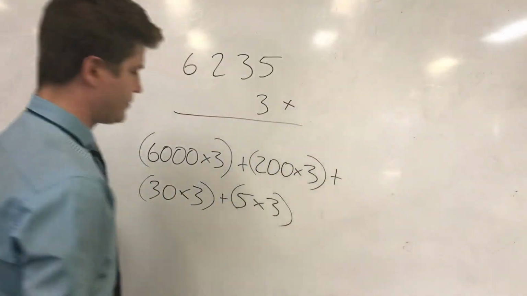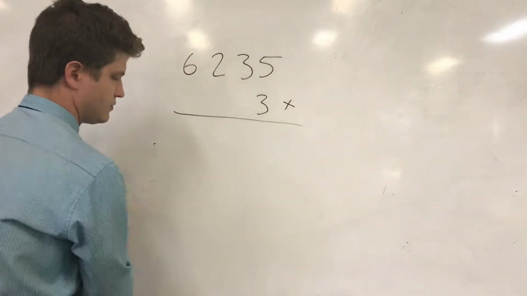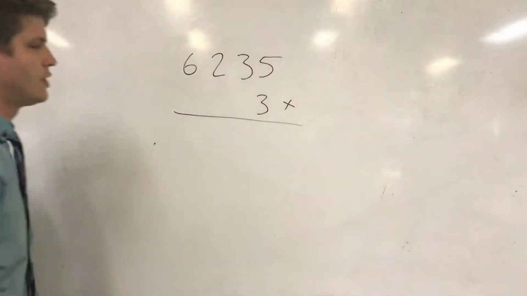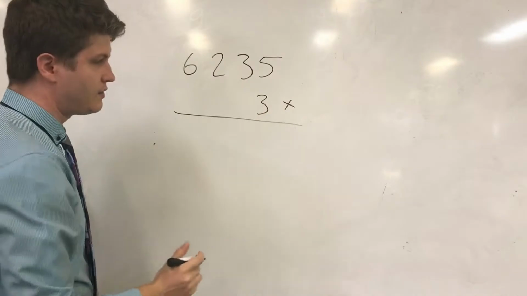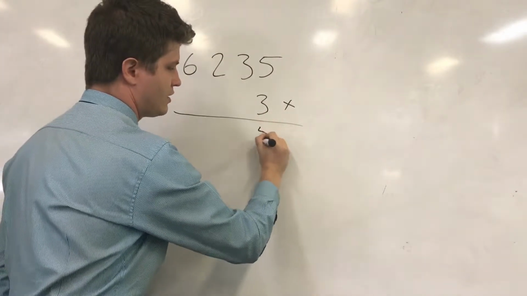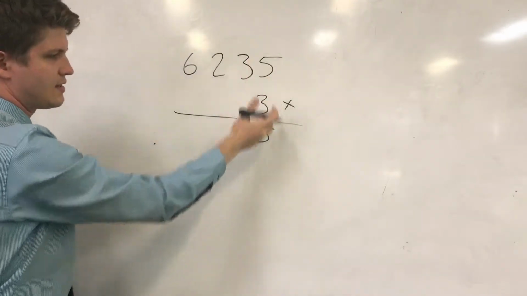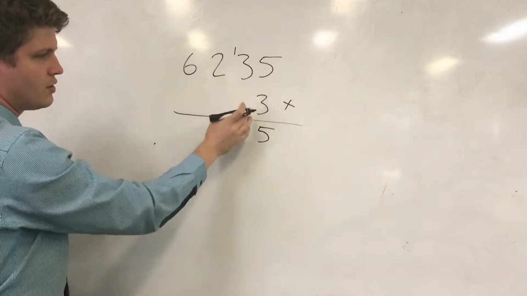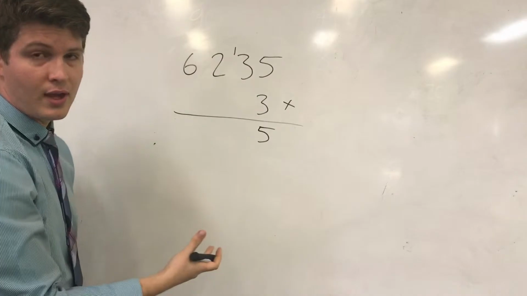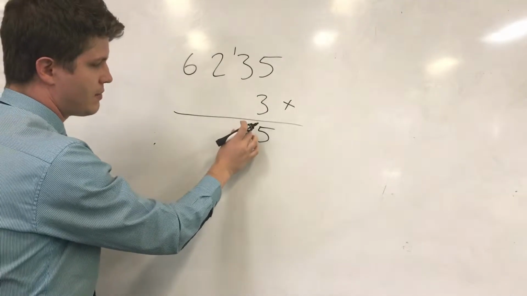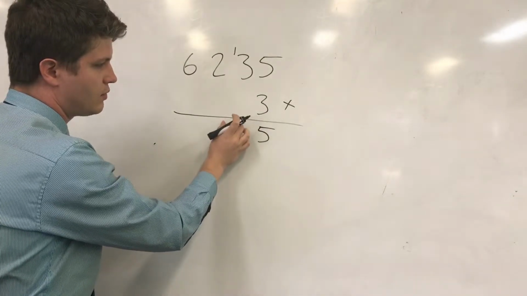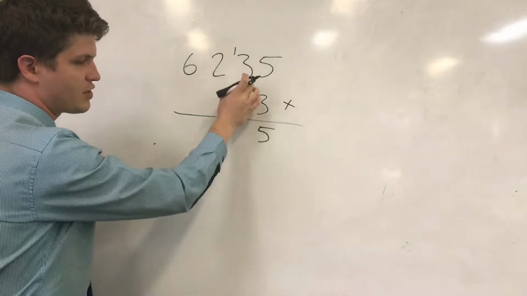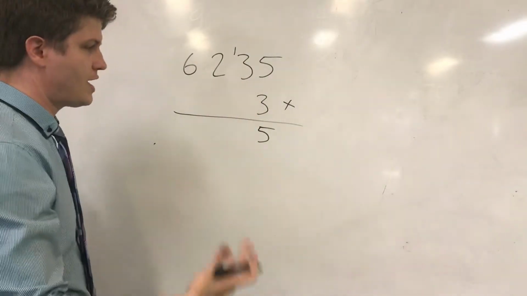So let's just rub this out. So when I do 3 times 5, and I get my 15 here, so that seems quite simple, that I'm carrying that 1 over. But when I do 3 times 3 here, and adding on that 1, and I'm putting that number here, well, actually what we're doing is that's 3 times 30, and our answer is going to be 90.